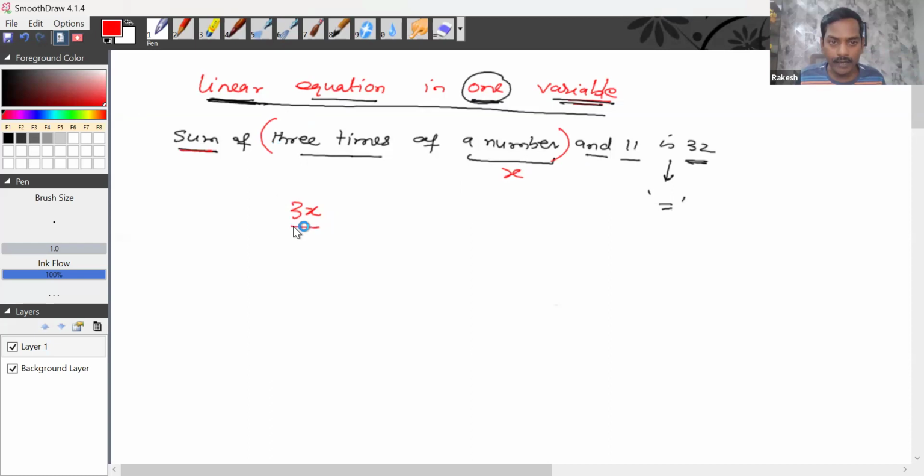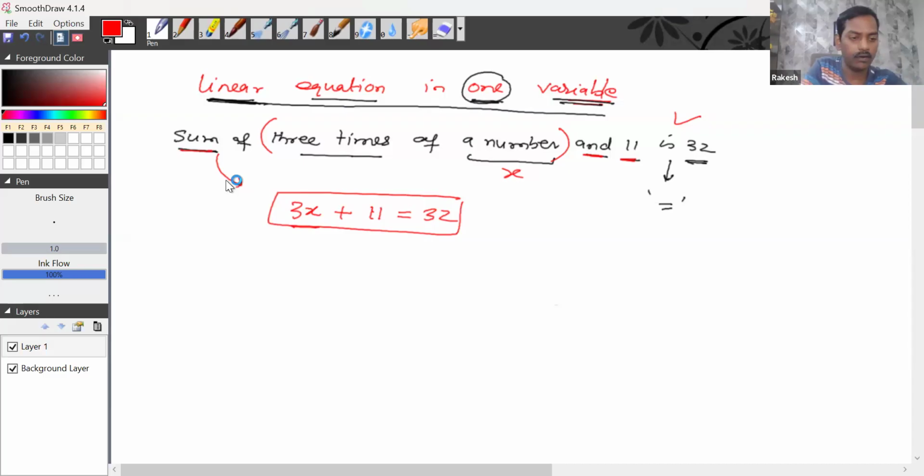Sum of what? 3 times of a number and 11. And that is equal to 32. So this is the mathematical representation of this statement. This is the most crucial thing. Every one of us must be good at it, right? I hope you too would have got the same equation if you translated it into a mathematical expression.